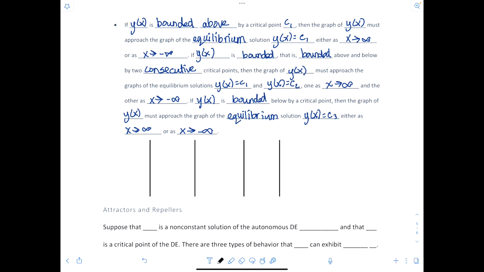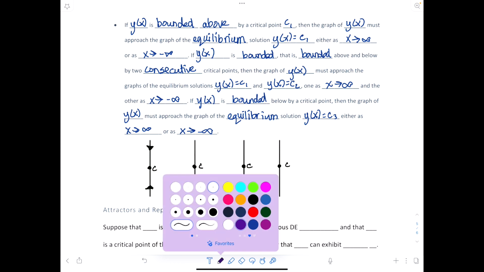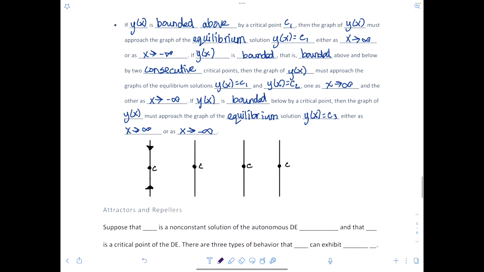So if you've got these critical points, we'll just call them C. If C is an attractor, so our y of 0, say it's right here, it's being attracted, pushed towards C.